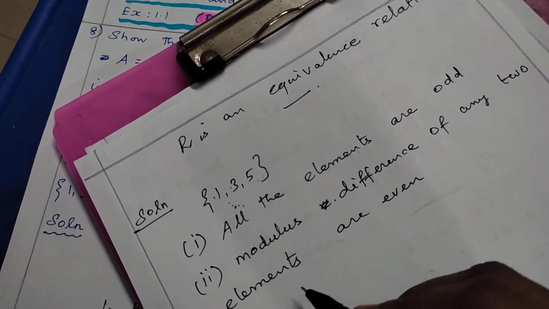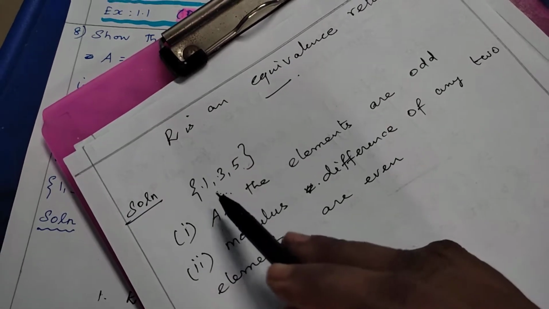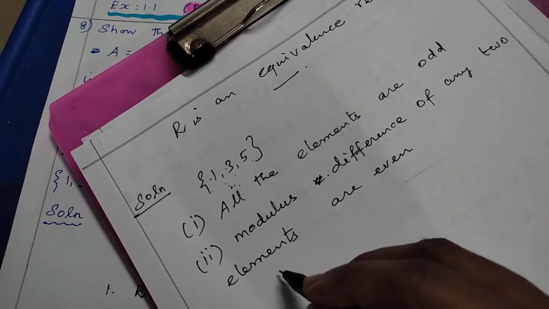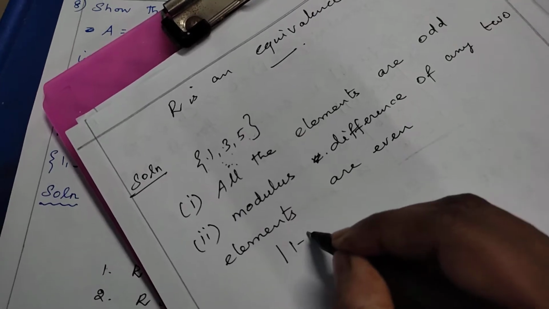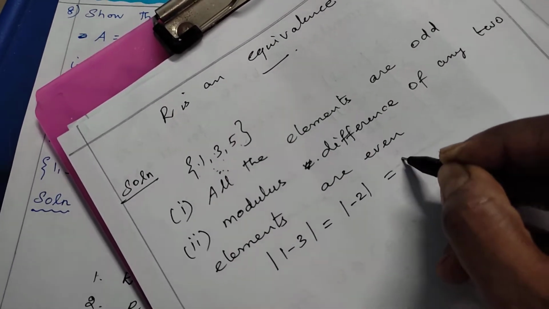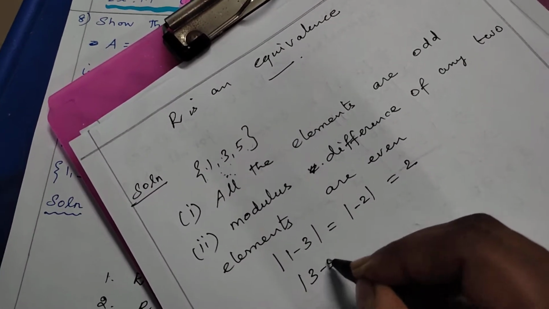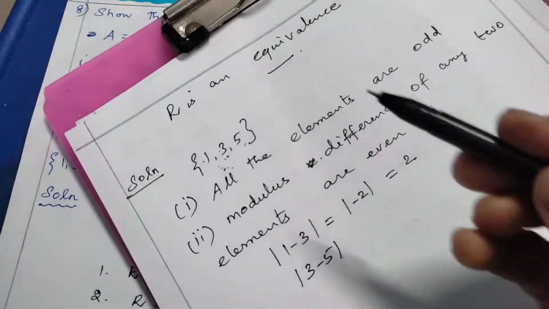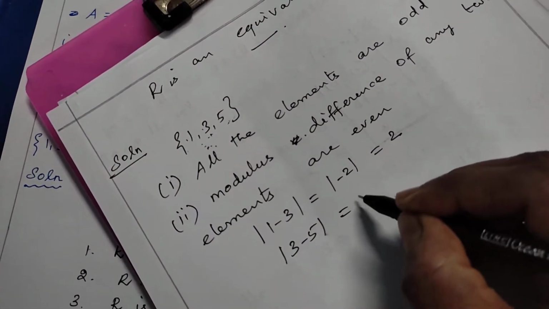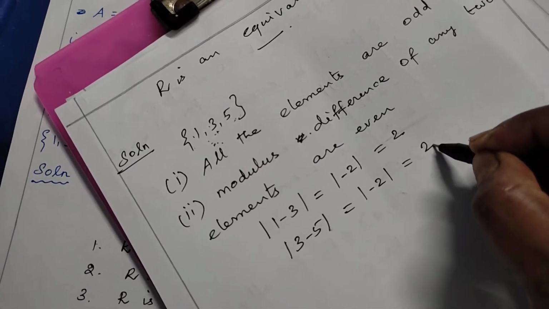Now we have to check this. Modulus of 1 minus 3 is equal to modulus of minus 2, which is equal to 2. Modulus of 3 minus 5 is equal to modulus of minus 2, which is equal to 2.